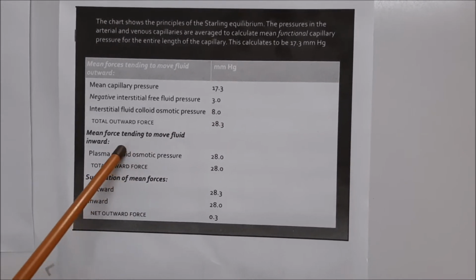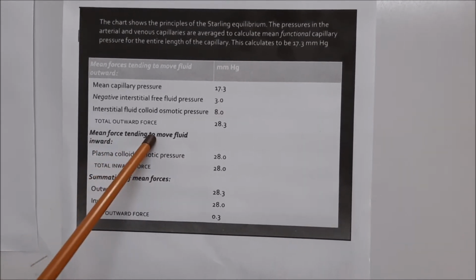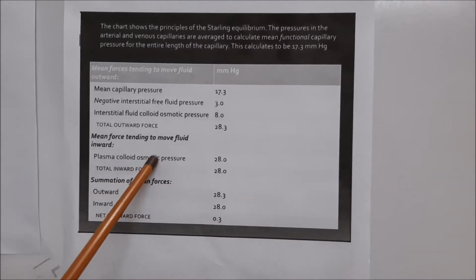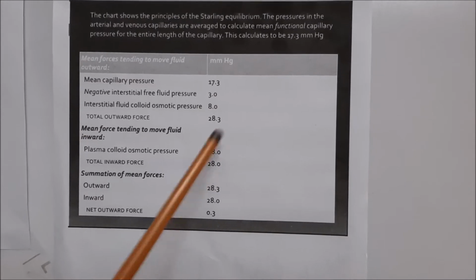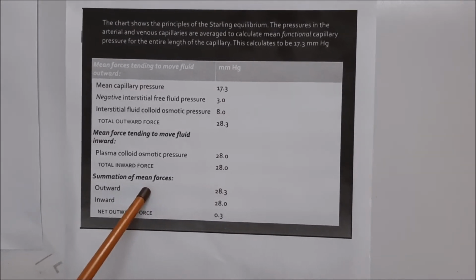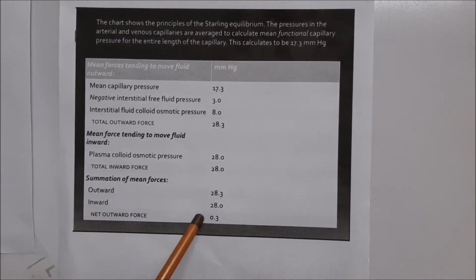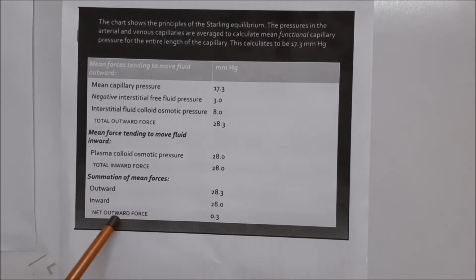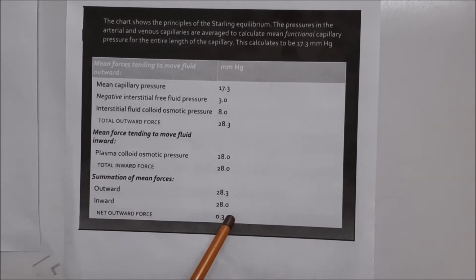Then again the inward force, the mean force tending to move fluid inwards, is plasma colloid osmotic pressure, 28 millimeter of mercury. How much is the difference? The outward force is 28.3 millimeter of mercury and the inward force is 28 millimeter of mercury. The difference is 0.3 millimeter of mercury.